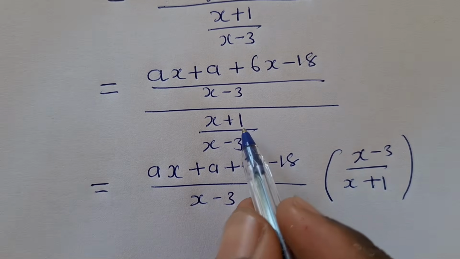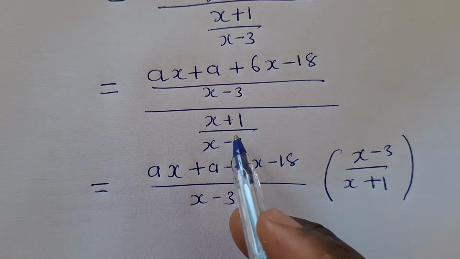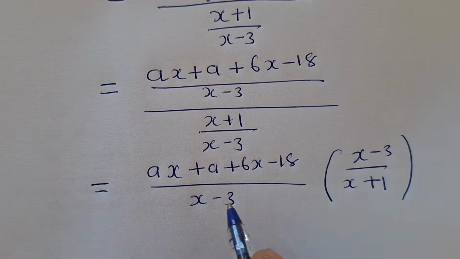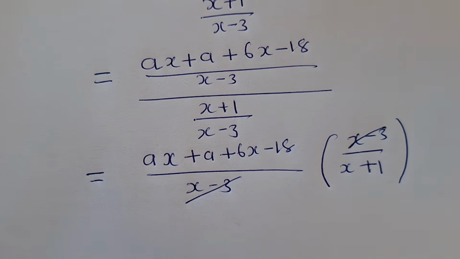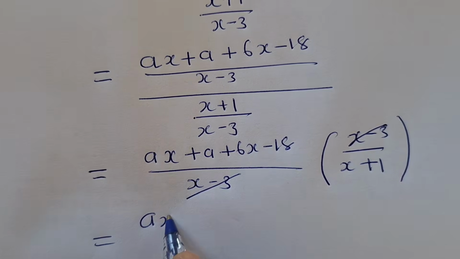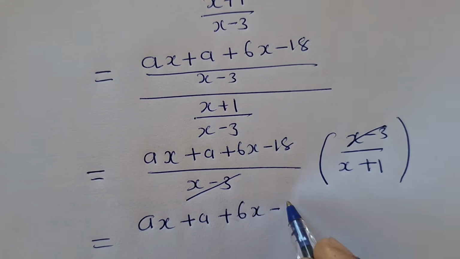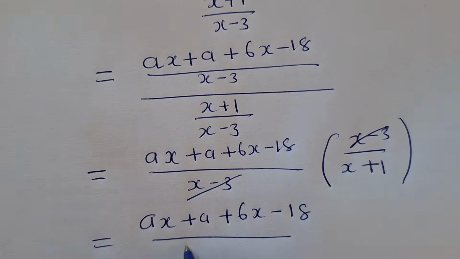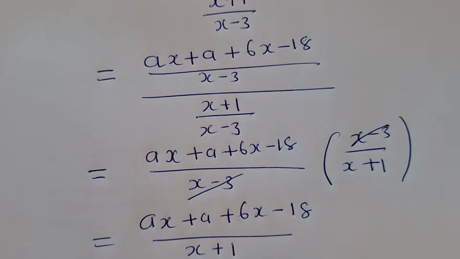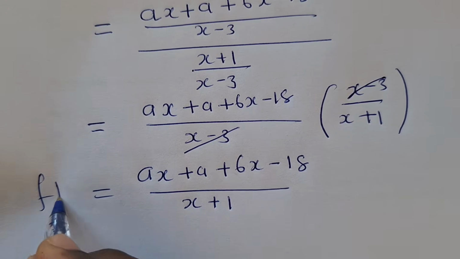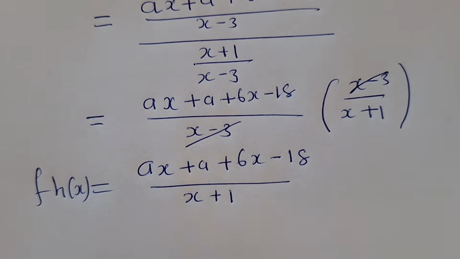Here we're just dividing this fraction by this one. It will reciprocate. The bottom fraction will switch. So these two will go. We shall remain with (ax + a + 6x - 18) over (x + 1). So now we found our f of h of x.